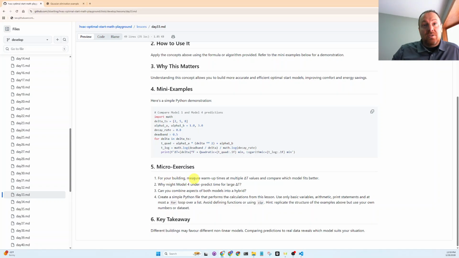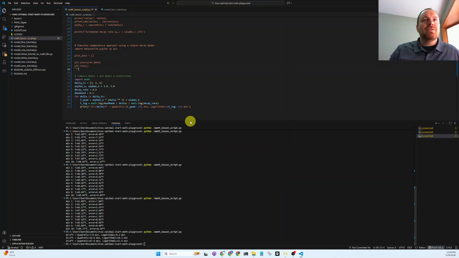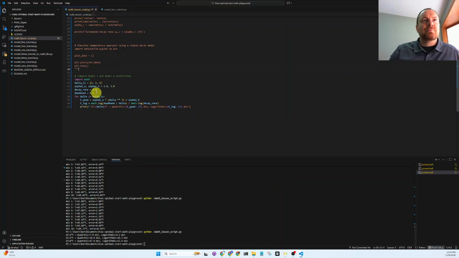For your building, measure warm-up times at multiple delta values and compare which model fits better. I don't have a building with... I guess this is the only thing we have right now.